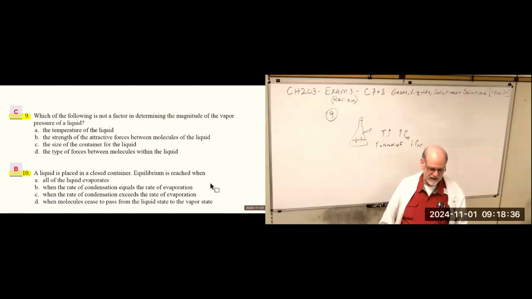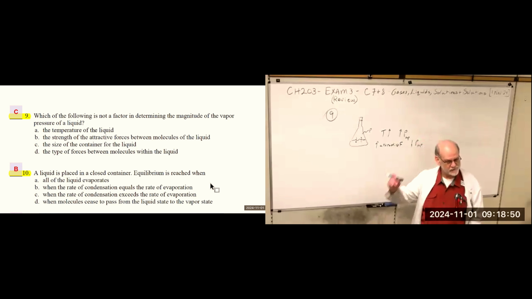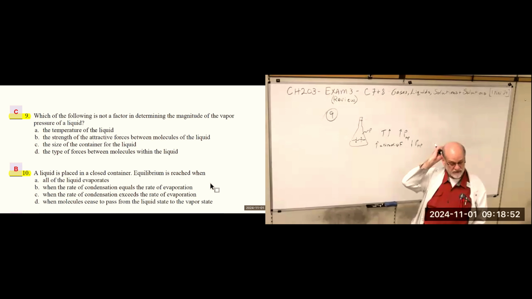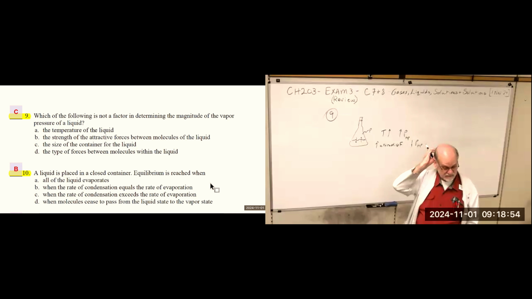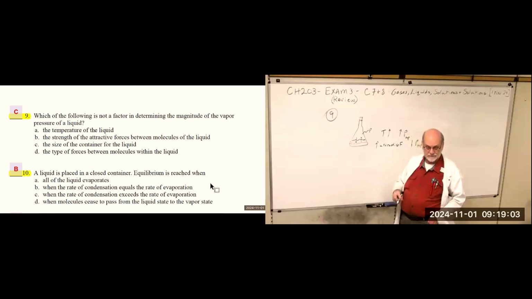So I guess we could argue the size of the container might affect, it won't affect the vapor pressure, no. It'll affect the measured pressure, yes. Types of forces between molecules, yeah, that's another way of saying B. So the one that doesn't have an effect on the vapor pressure is C, size of the container. If you get a bigger container, then this volume is going to drop down lower before it reaches equilibrium.